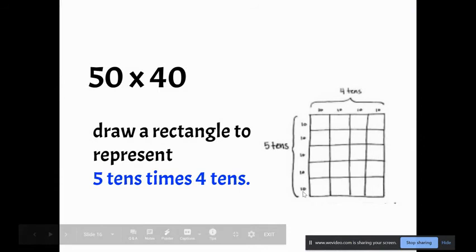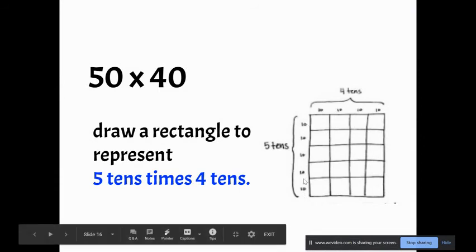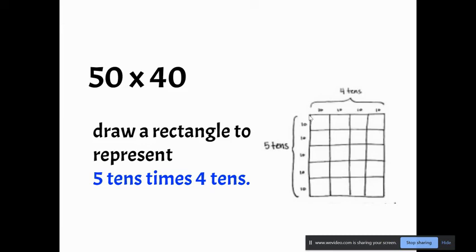So if I were to draw it, I'm going to do the same way I did it last time. I have 5 tens going vertically and 4 tens going horizontally. And remember, if each of these sides is equal to 10 units, then the area of each one of my squares would be 100 square units.